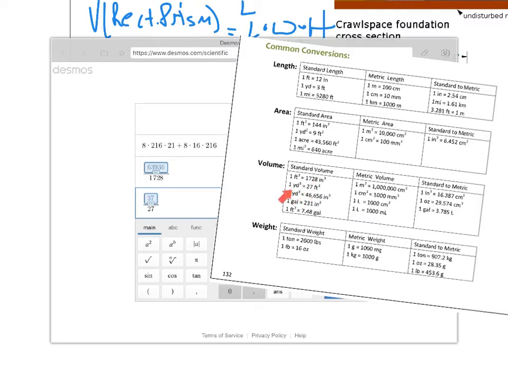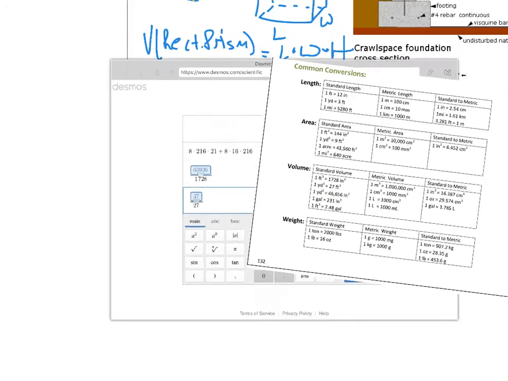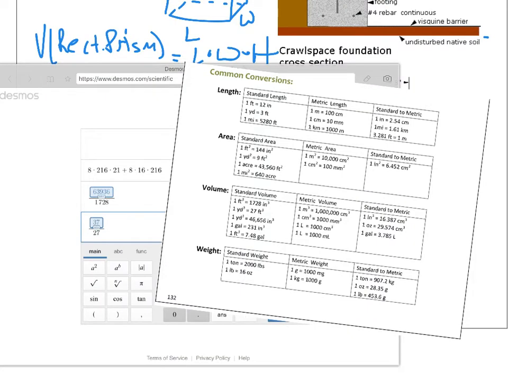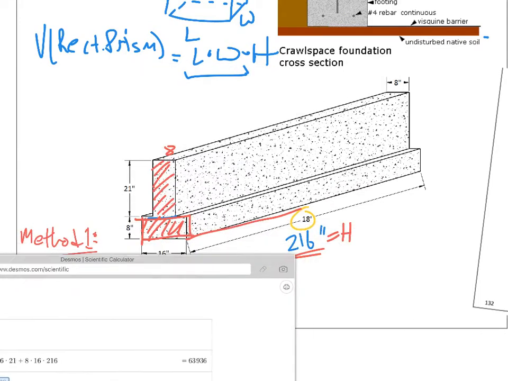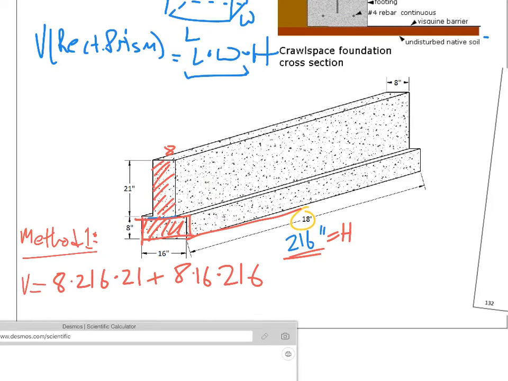There's 27 cubic feet in a cubic yard because it's 3 feet by 3 feet by 3 feet. Okay? All right. So, get that out of the way. We end up with 1.37 cubic yards. All right. So if we're going to go order some cement, we need 1.37 cubic yards. Okay. All right. Now let me show you another way to do that.